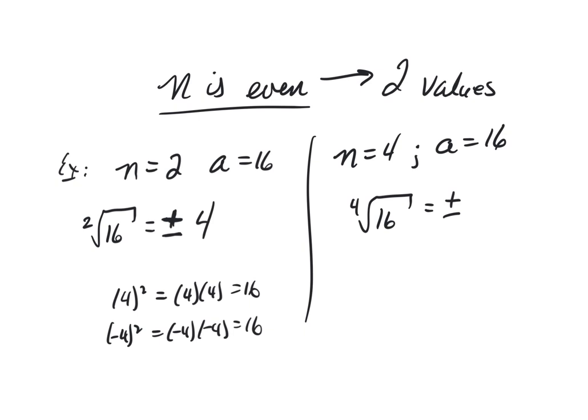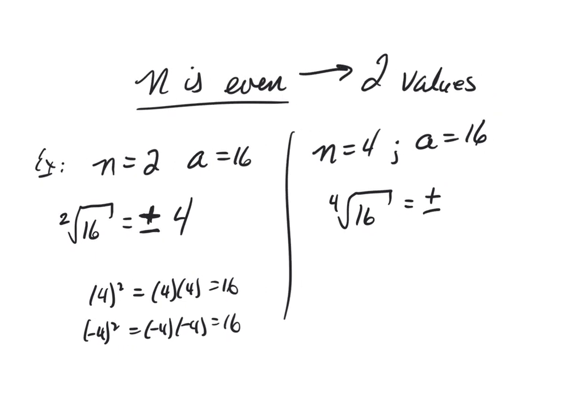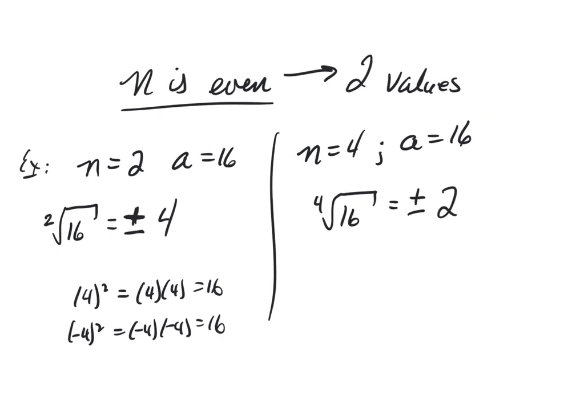But then it extends to the fourth root, sixth root, eighth root, 10th root, and so on. So whenever n is even, we traditionally get 2 values out. So for the fourth root of 16, we get plus or minus, and then what number multiplied by itself 4 times gets you to 16? The answer would be 2.